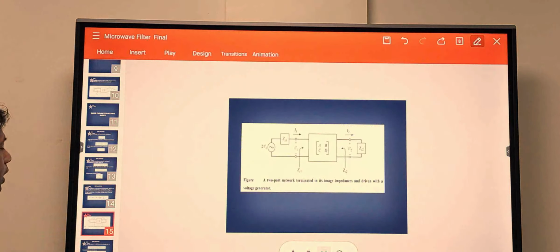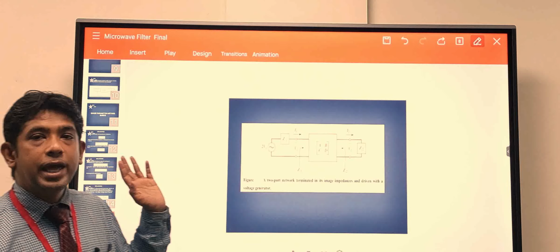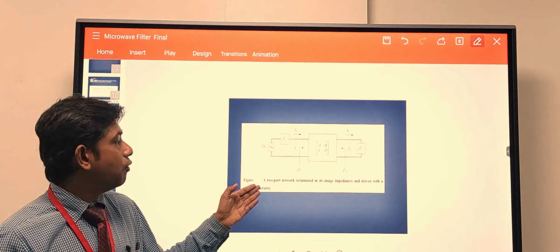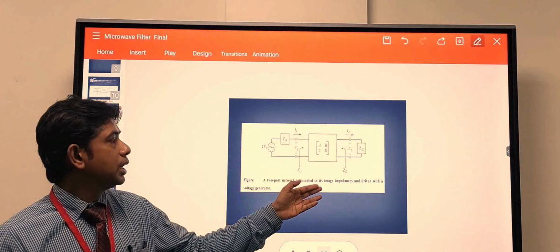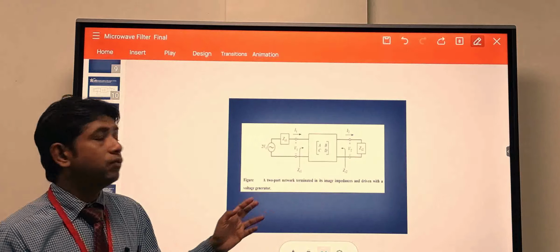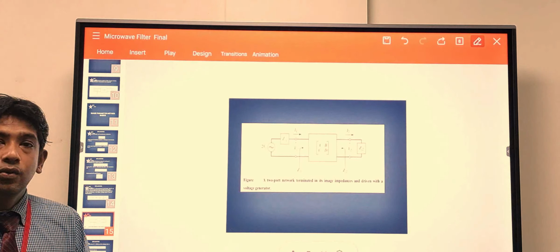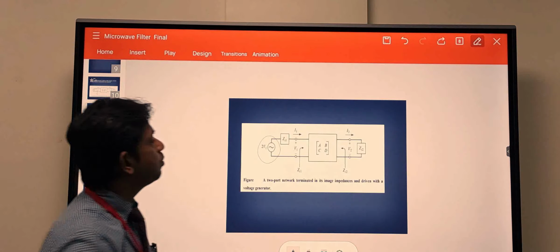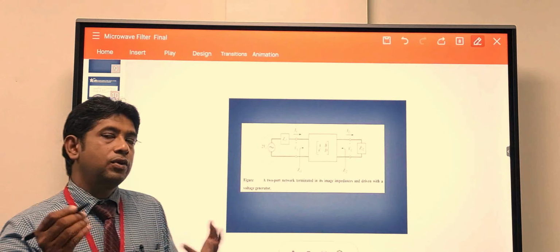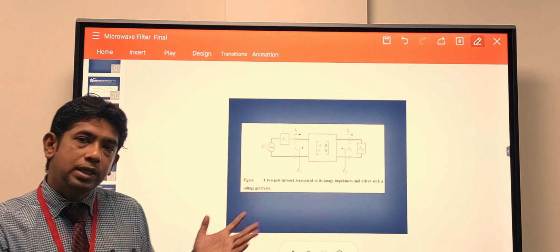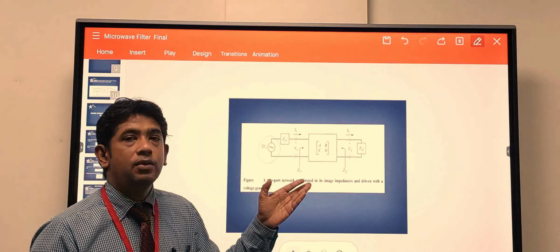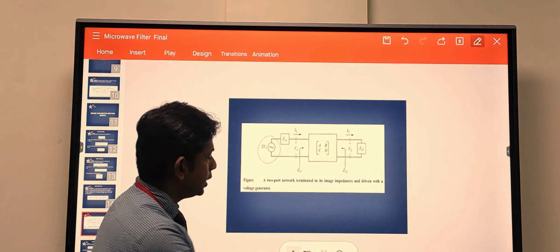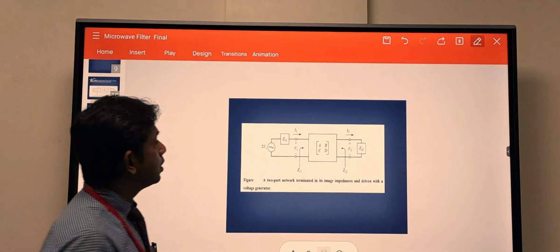So in the next stage, we take the example and the figure of a two-port network terminated in its image impedances and driven with a voltage generator. What is the difference here? Here the difference is that it has been driven by a voltage generator. We are assuming that the same circuit is being implemented with the help of a voltage generator.